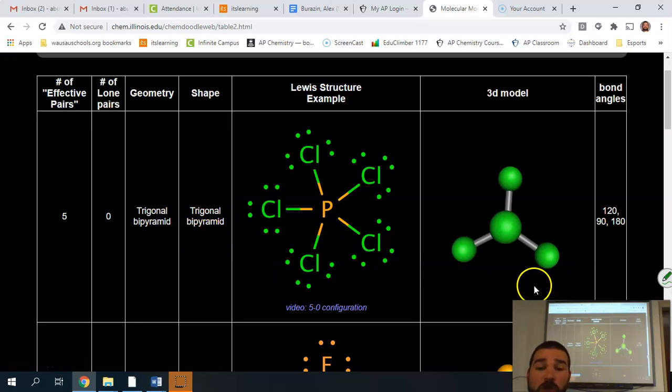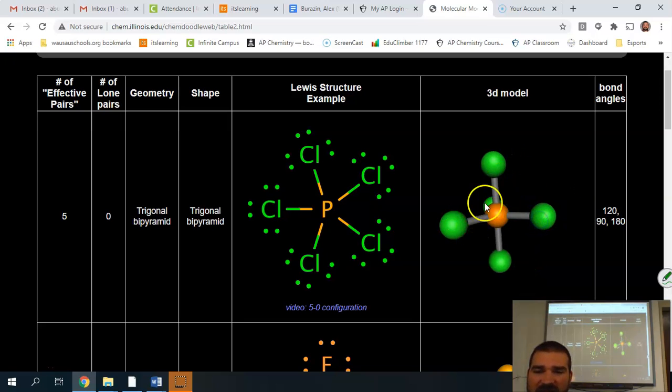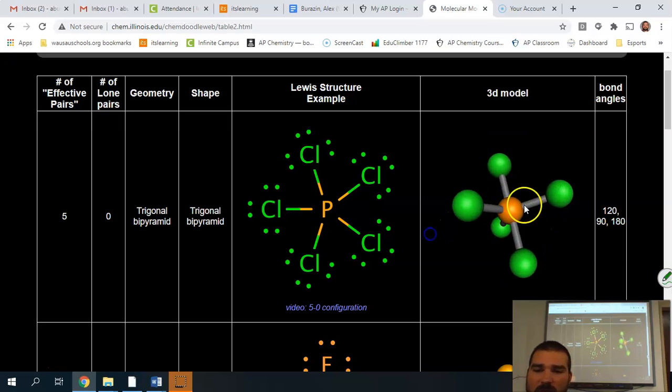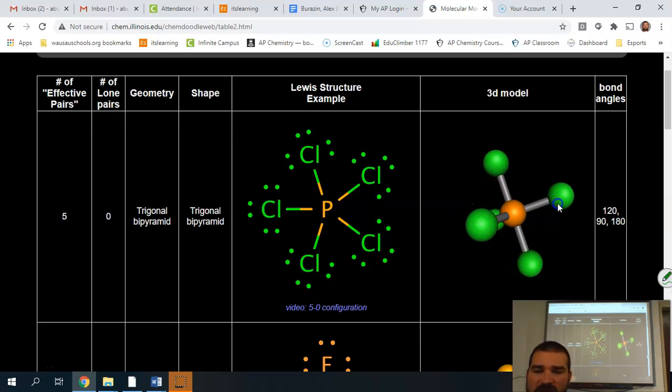Bipyramid is talking about 2 pyramids. Well, where are the 2 pyramids? I got one going upward. If I put a piece of paper over these 3 atoms, it would make a nice flat surface, and I'd have a nice pyramid going upward from those 3 equatorial atoms.